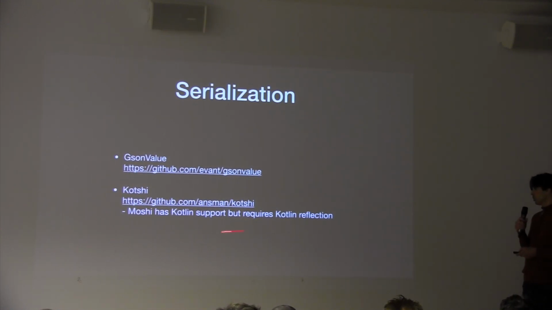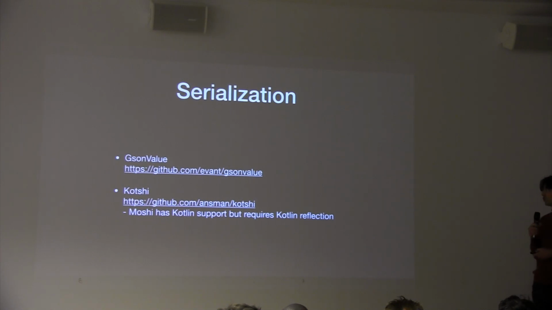Moshi actually has Kotlin support, but it currently requires Kotlin reflection, and if you do that, it works really well, but it requires the Kotlin reflection library, which adds up to 2 megabytes of code to your app, so you may not want to do that. Kochi doesn't require that, so it's an annotation processor just like JSON value, and it's going to generate type adapters during the build process.